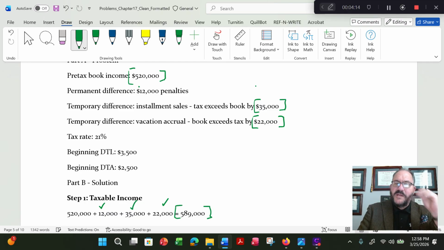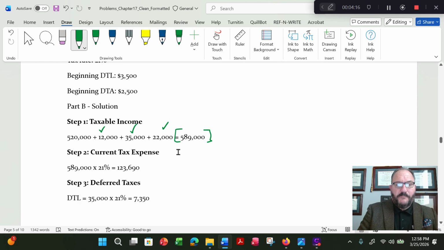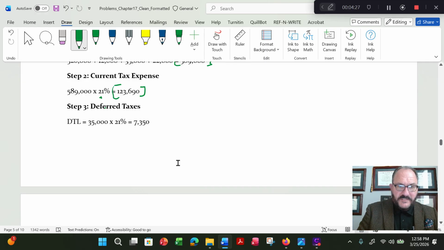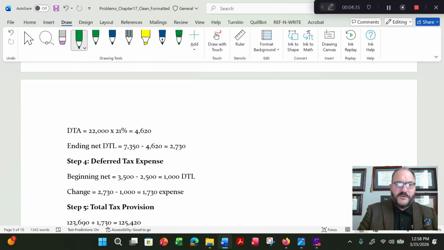589,000 taxable income. Multiply that by the 21% right here. You get 123,690. Now let's take a look at our deferred taxes. We had the 35,000, the first one, at 21%. That's 7,350. Then we had the second deferral, which had to do with the vacation of 4,620. It's a deferred tax asset of 4,620.